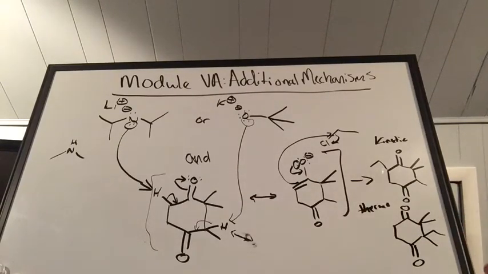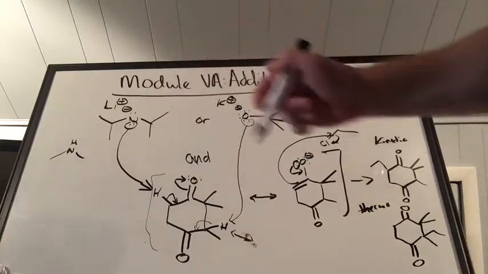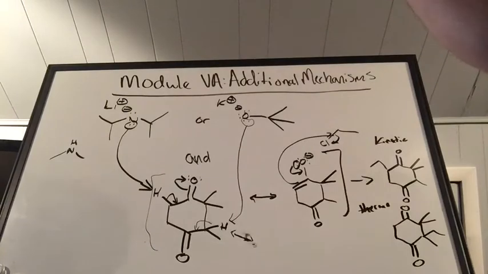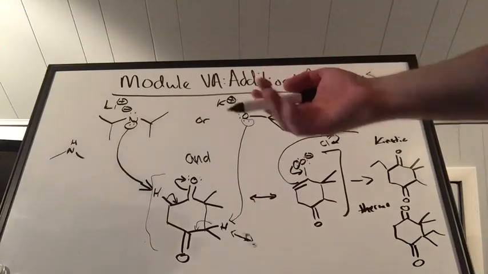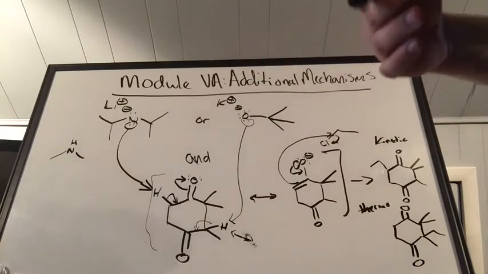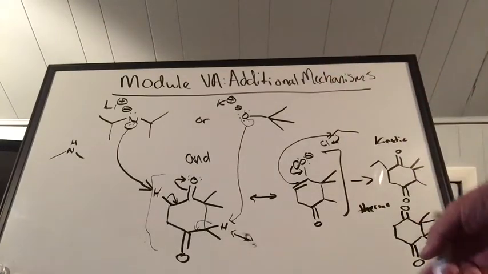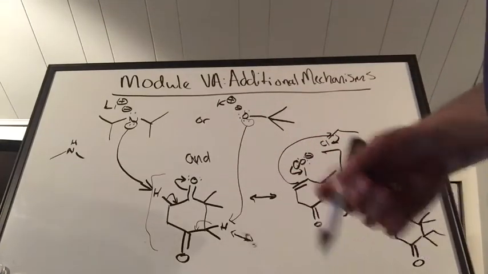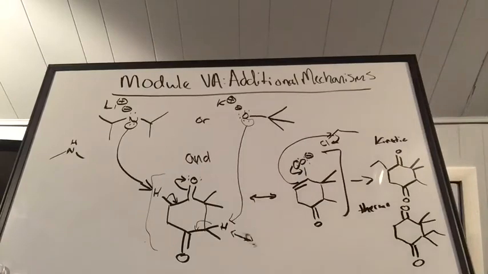If it's temperature driven, and it's also a selectivity of base. I would think that less bulky, higher temperature is going to be thermodynamic. Low temperature, bulky base is going to be kinetic.